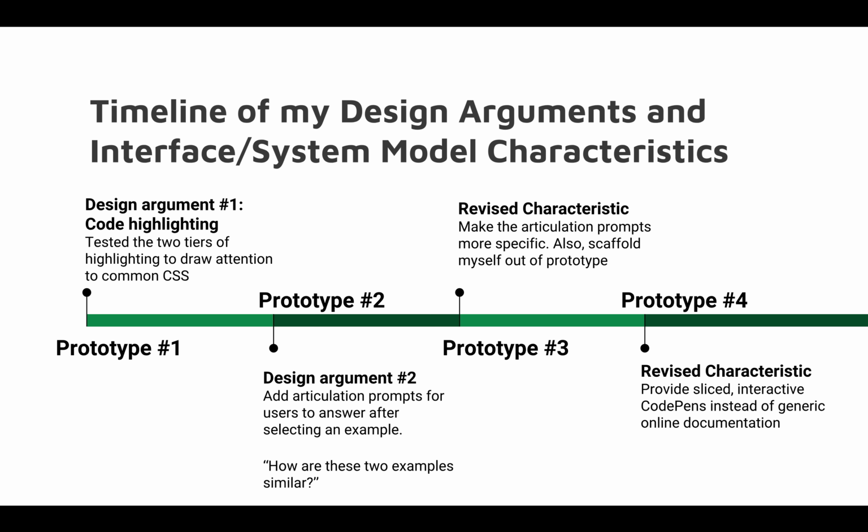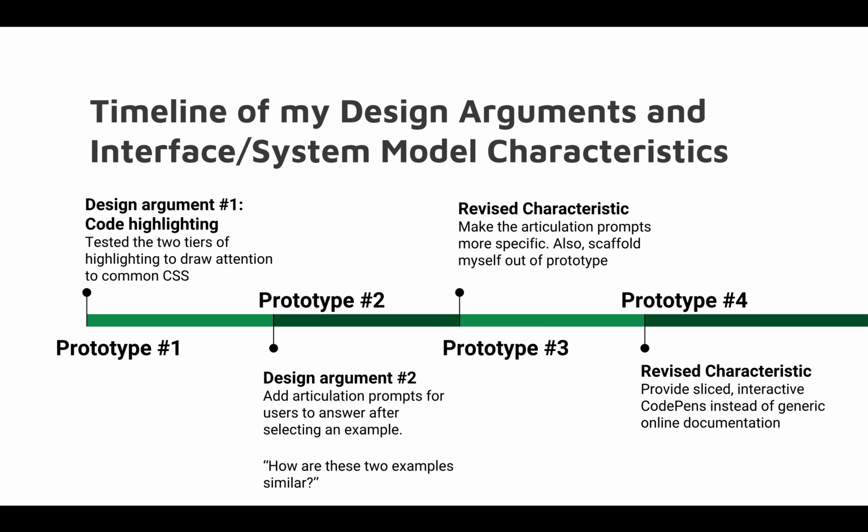And in the fourth prototype, I realized that I had tried to scaffold myself out in prototype number 3 by providing them links to online documentation, but the users and novices were extremely overwhelmed by all the information provided to them, because 99% of the information on, for example, the attribute grid template columns is irrelevant to the particular examples that they're examining.